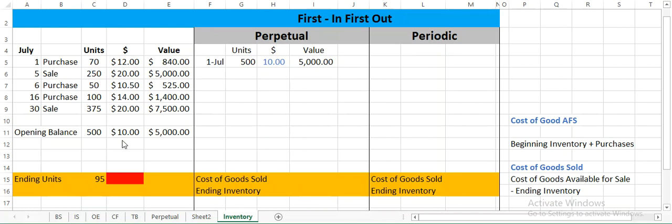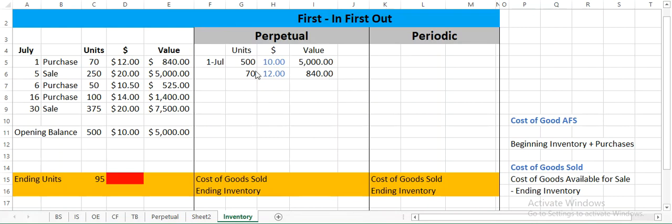Our second layer, which also happened on July 1st, is that we purchased another set: 70 units at $12. The value of that is $840. So we're just keeping a record of things as they happen.